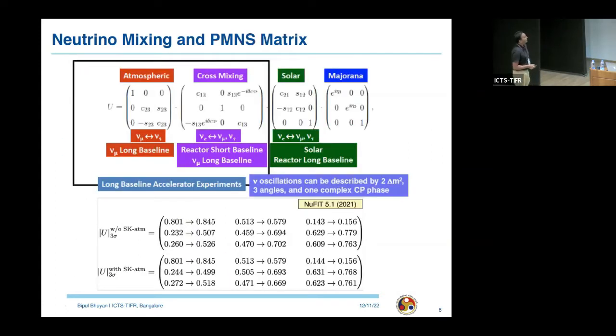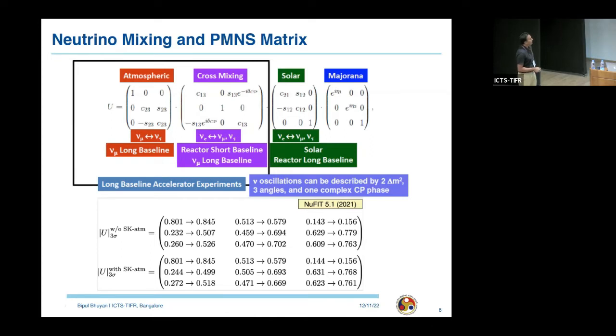We have done pretty well in the last 20 years to measure these matrix elements. Of course, this is the parameterization of the same PMNS matrix in terms of the angles and the delta CP phase. I'm again talking about three-flavor neutrino oscillation. Many of these quantities can be measured from long baseline accelerator experiments like DUNE or NOvA, which is running right now.